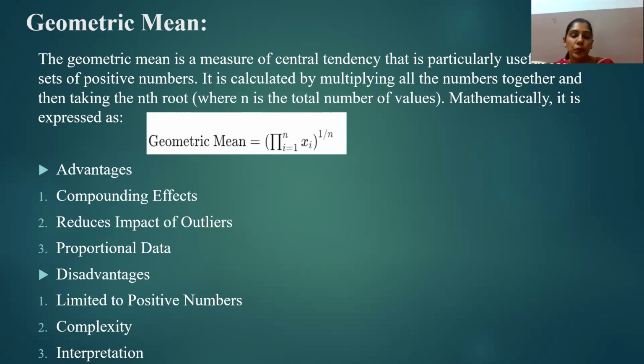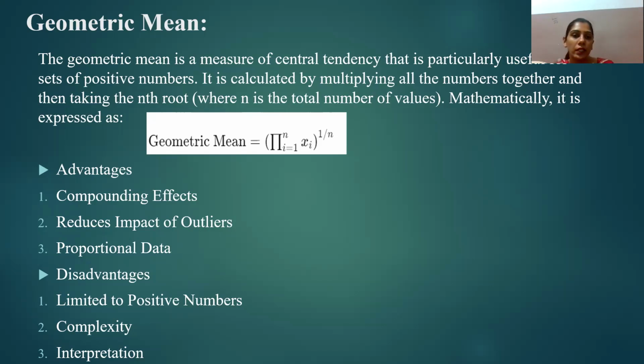Next is interpretation. In the context of interpretation, the geometric mean may be less easily interpreted by those who are unfamiliar with its application. The arithmetic mean is very easy to understand and very easy to calculate by seeing the data set.